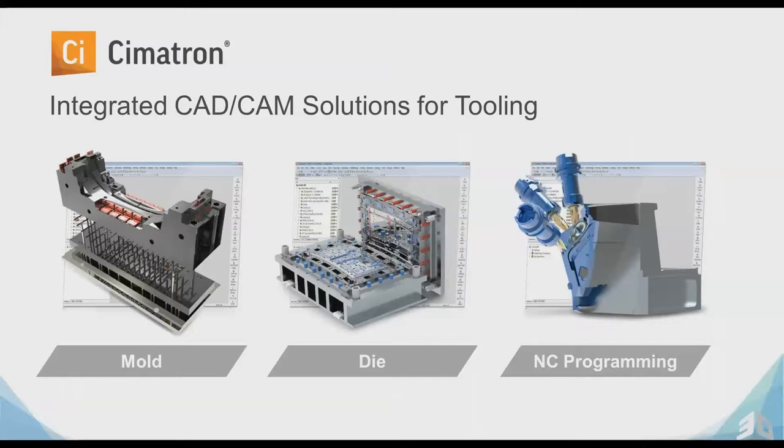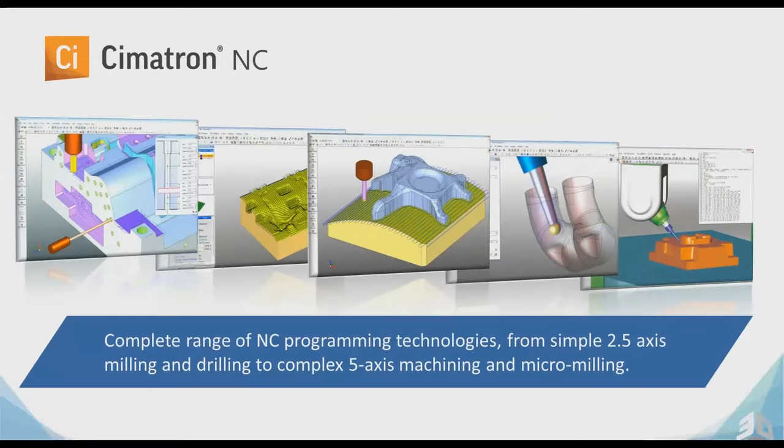Because tool making is our primary focus, Cimatron has developed a host of specialty functions that deliver major advantages for mold, for die, and manufacturing shops, keeping you more competitive across your entire range of operations. As I mentioned previously, today we will be looking at just the NC side of Cimatron and how you can achieve faster, easier, and safer NC programming results.